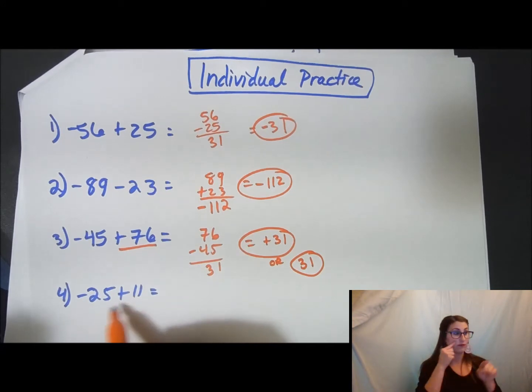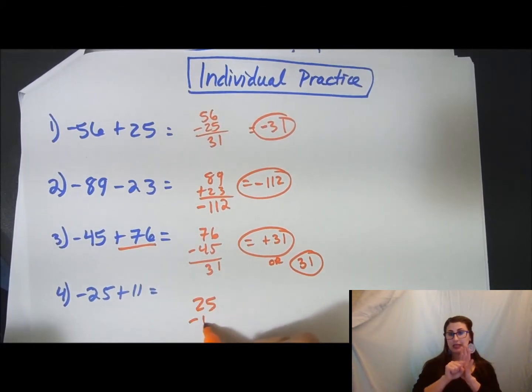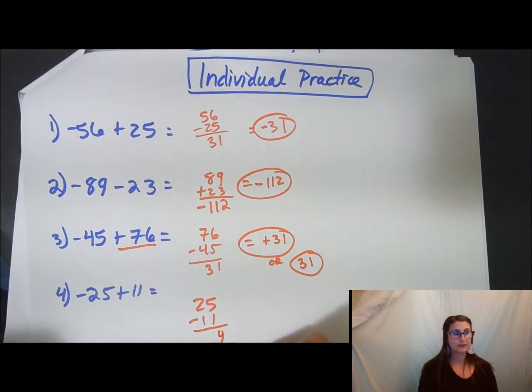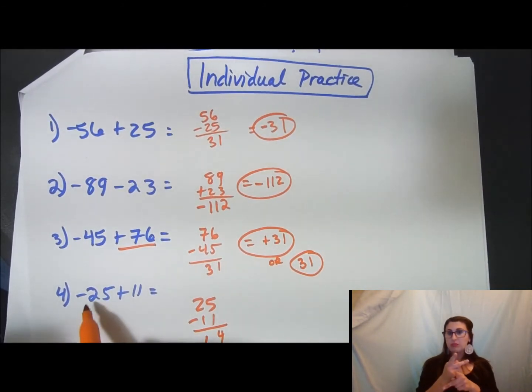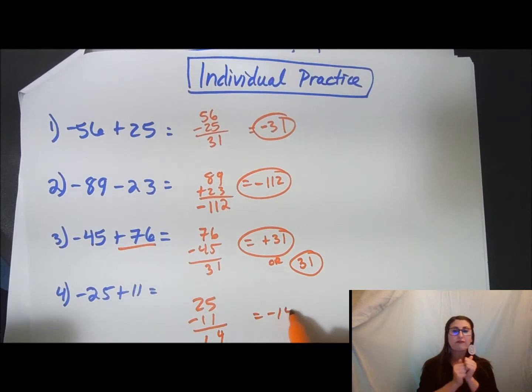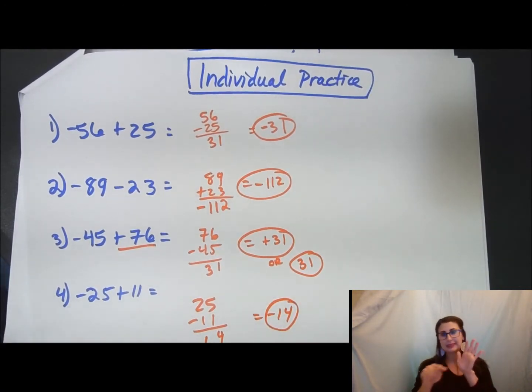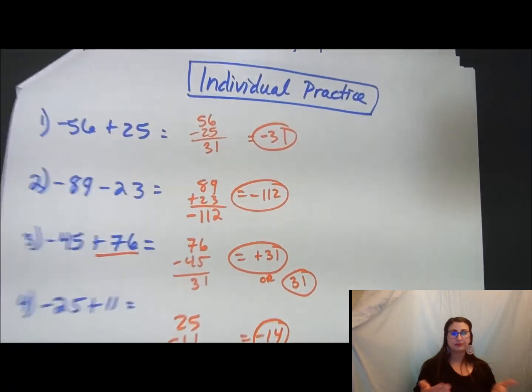All right, for this one, these are different signs, so I'm going to subtract. Take the sign of the further number, negative, so equals negative 14. All right, next slide.